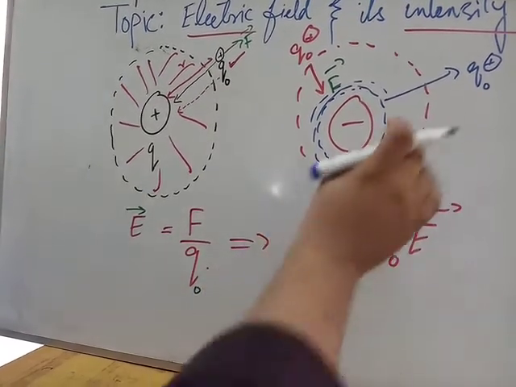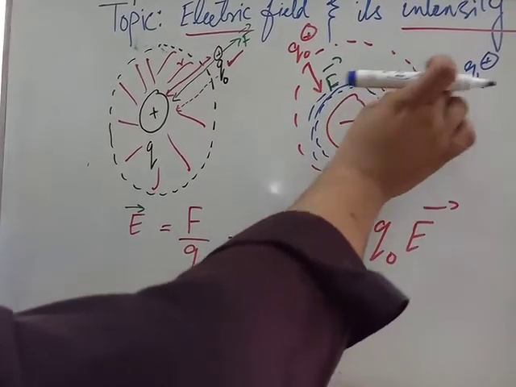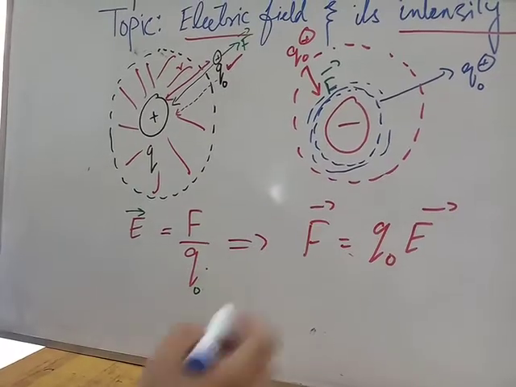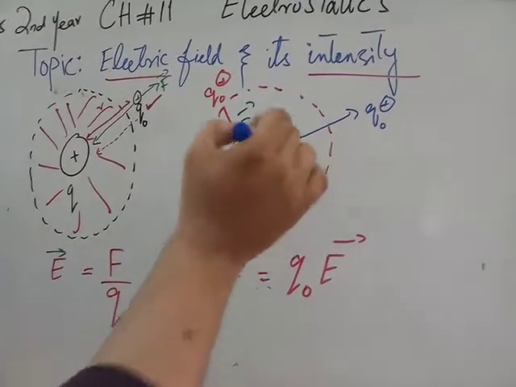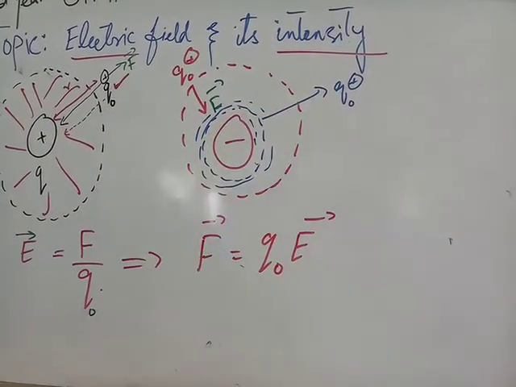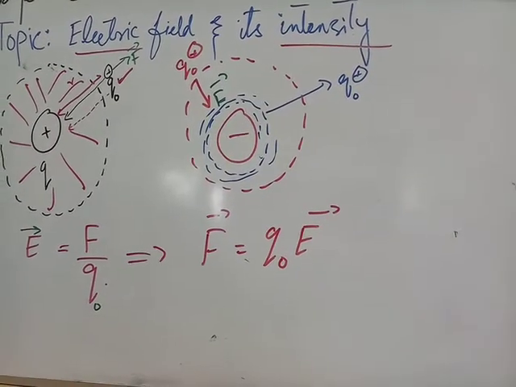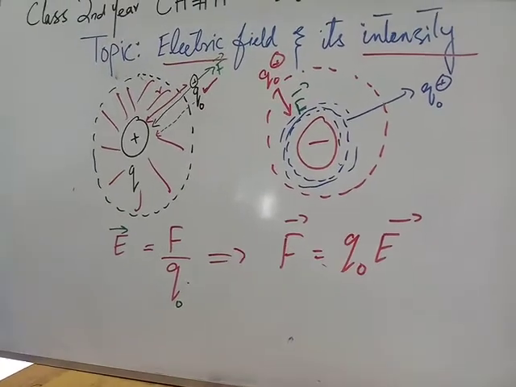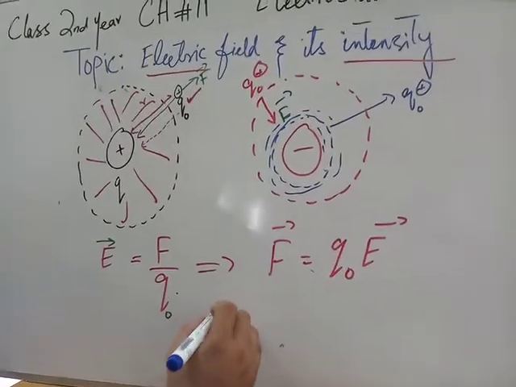So intensity also depends on the distance between the two charges. Near the point charge the intensity is large, and far apart the intensity is small. This is also a vectorial form.